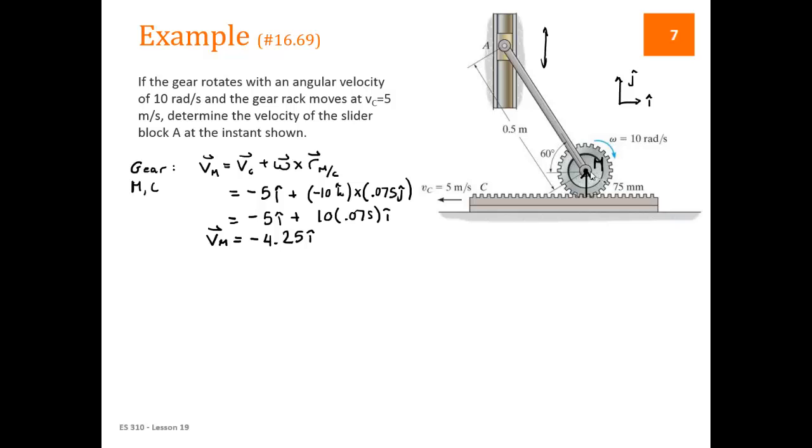And VM is on the center of something that is rolling, and so we expect it to be parallel to the surface it's rolling on. So we did expect it to be in the I hat direction.